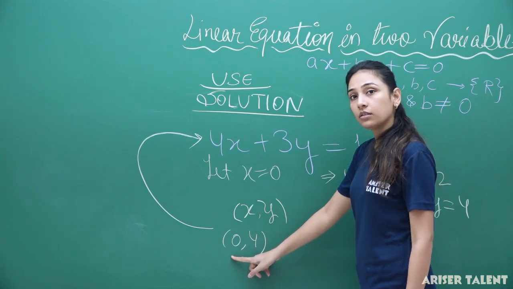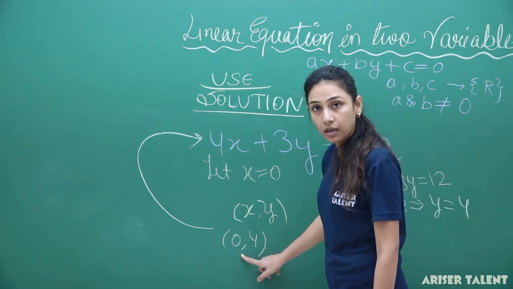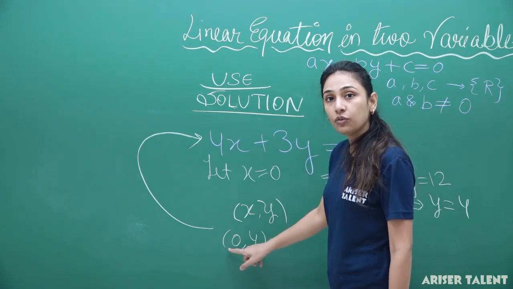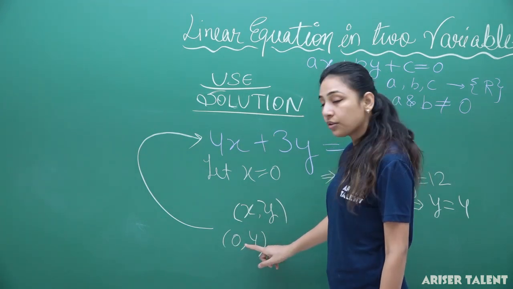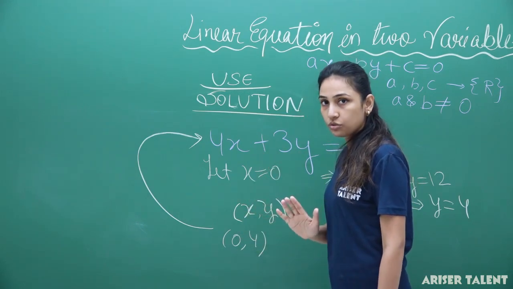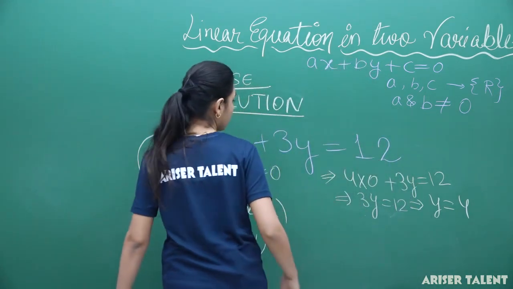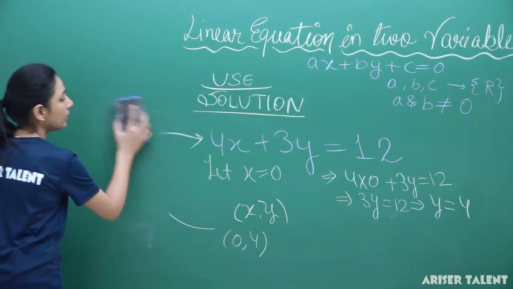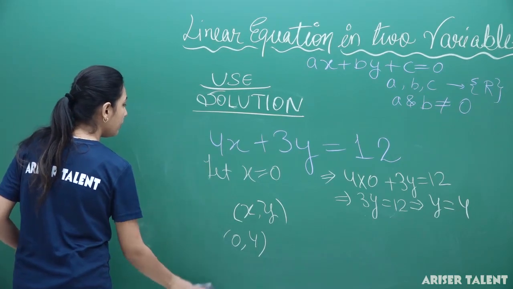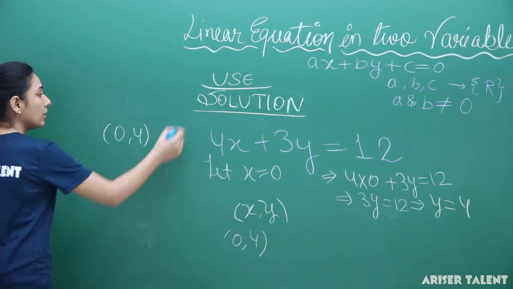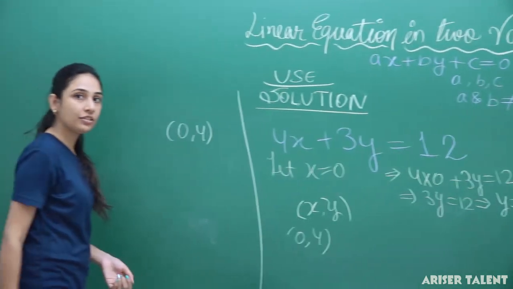Then the value of x that you have assumed, comma, the value of y you get by putting the value of x. So you are getting 4. So (0, 4), bracket close. Understood? Okay. So we have here the value (0, 4).